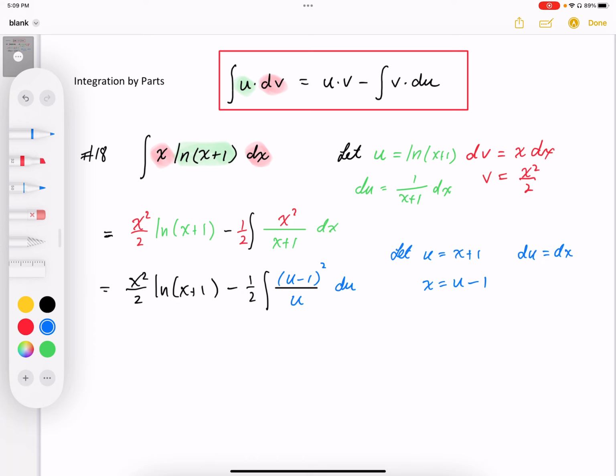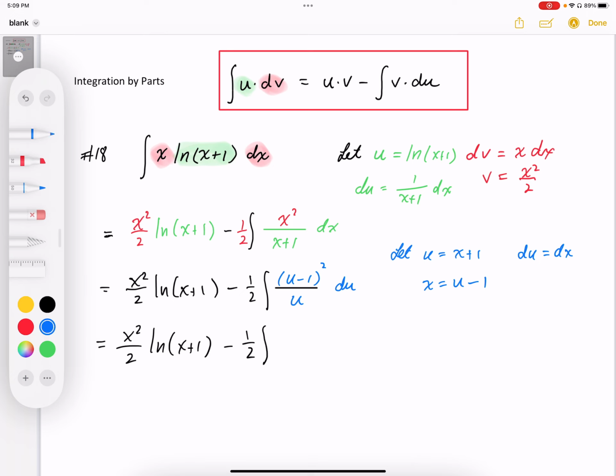And this just becomes an integral in terms of u, but the difference is that instead of the binomial x plus 1 in the denominator, we get a monomial term u in the denominator. And that allows us to then isolate the powers, to use power rules. So it looks like this. x squared over 2 log of x plus 1 minus 1/2.